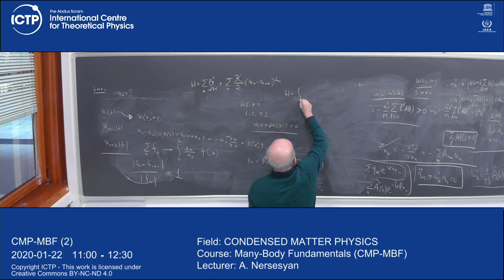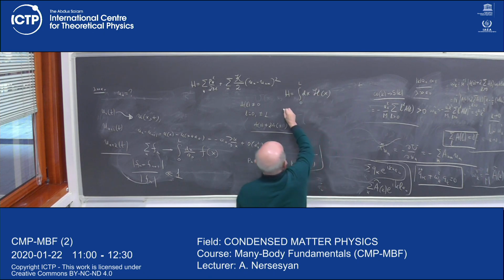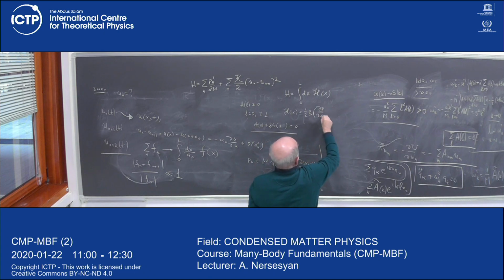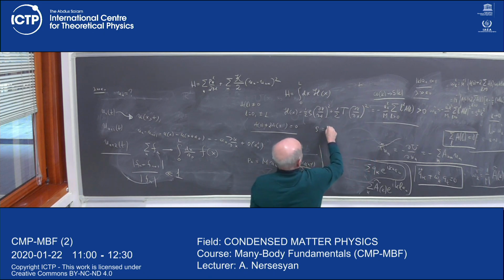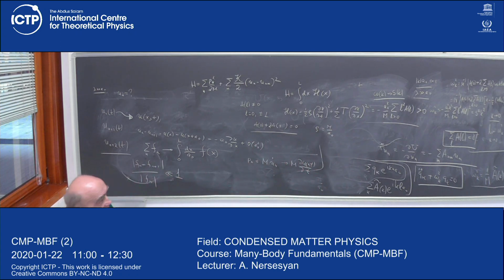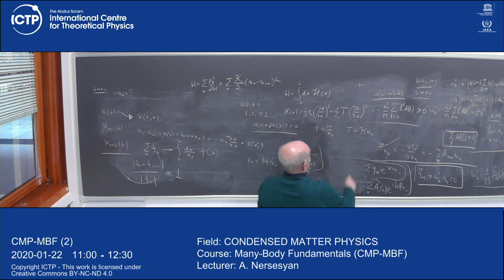It will be the integral from 0 to L dx of the Hamiltonian density, where the Hamiltonian density is 1/2 rho (du/dt) squared plus 1/2 t (du/dx) squared, where rho is a linear mass density, and t, if I'm not mistaken, is the spring constant times a naught. It's what is called the linear tension.